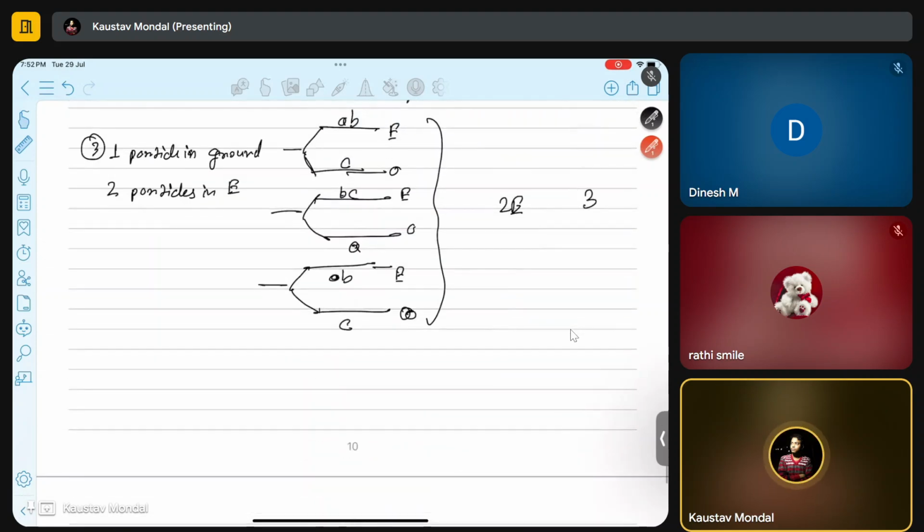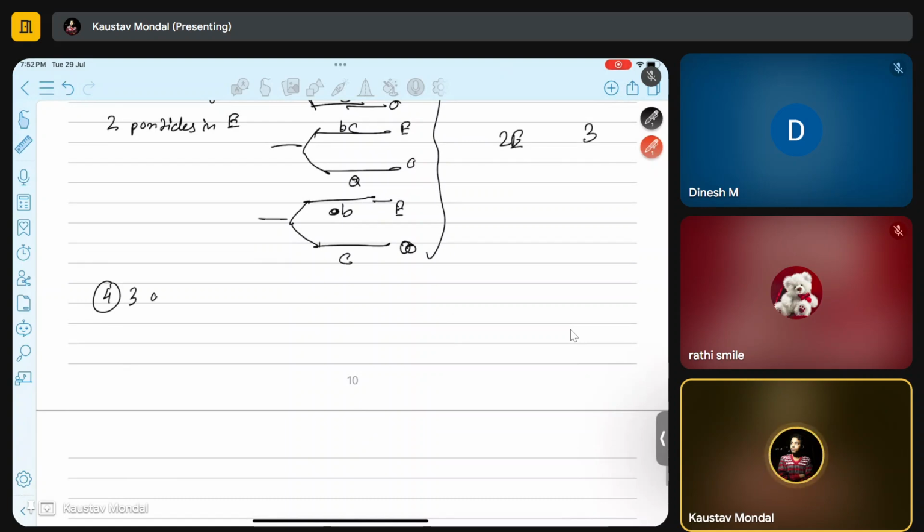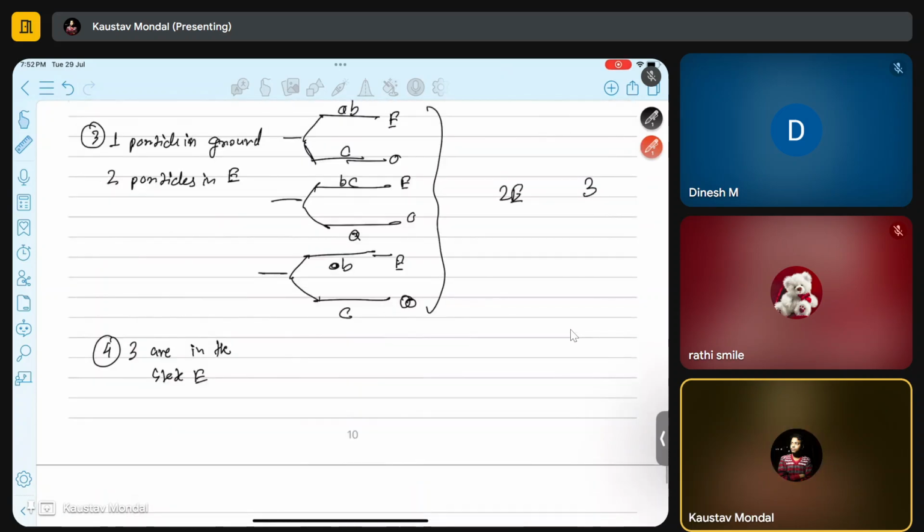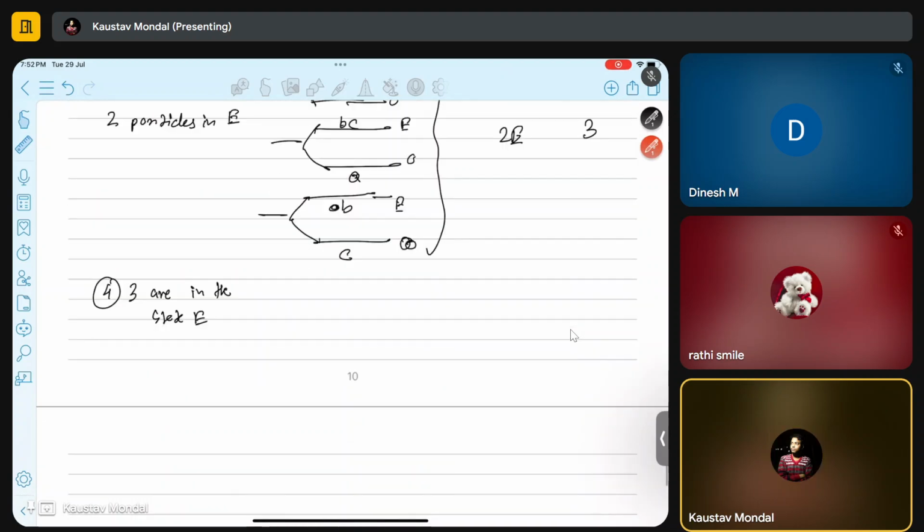Now the last one is where all three are in the state E. The only possible configuration is all three particles in the E state.